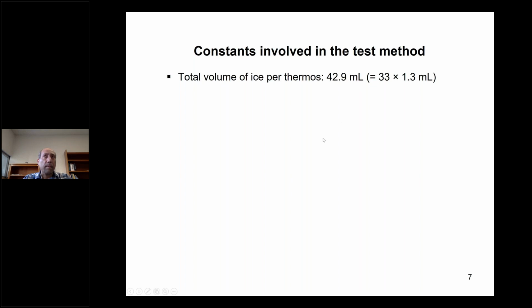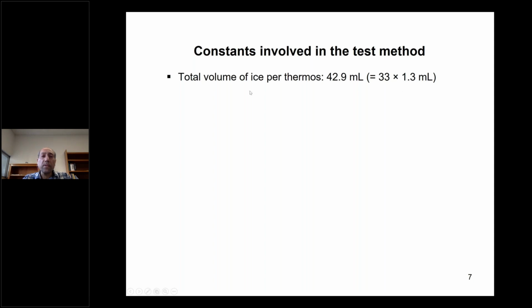And in just one case, I will talk about it later, we tried to also see the effect of the mold size. We used a mold with less capacity. So the volume of each ice cube was 1.85 milliliter.